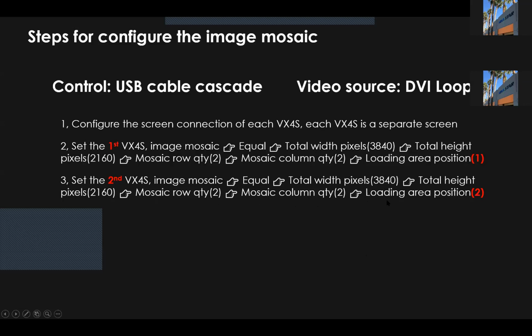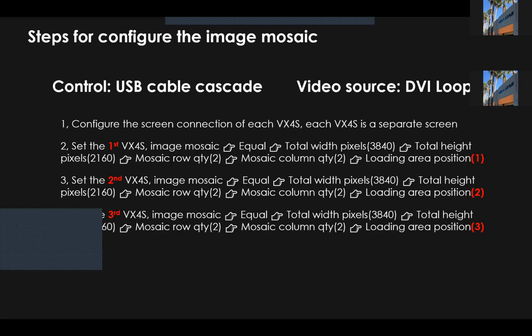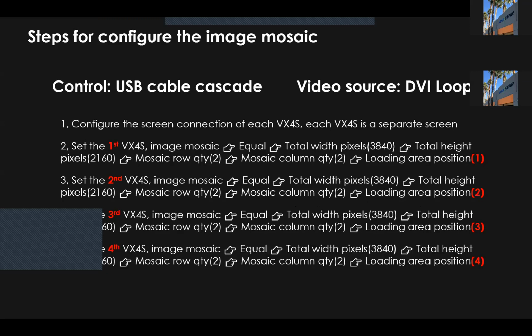The only difference is that the loading area position is number 2. Then you will understand that the next ones will be loading area position 3 and loading area position 4. Those are the steps to configure the image mosaic from the front panel of the VX4S.